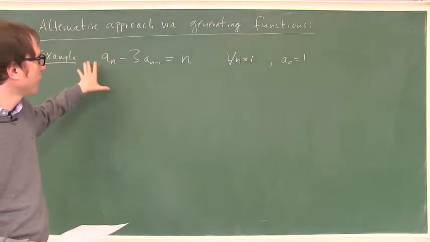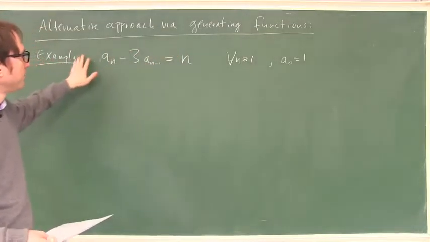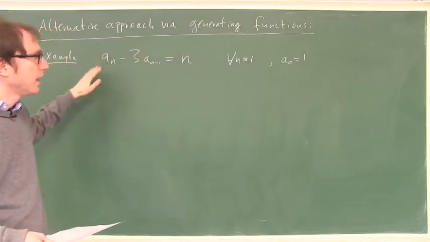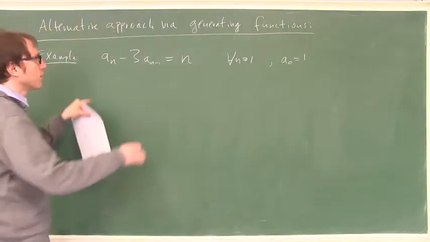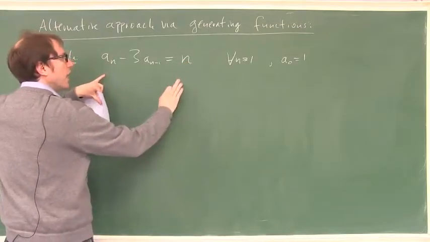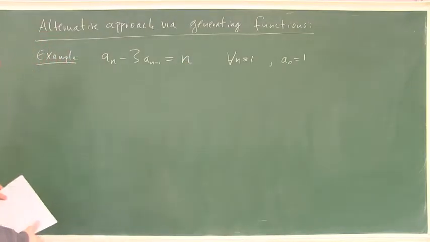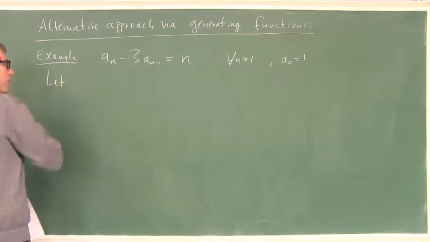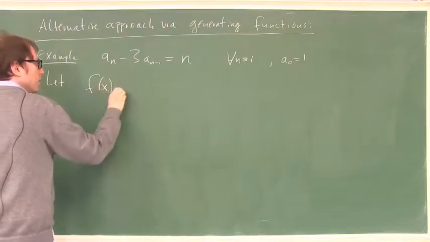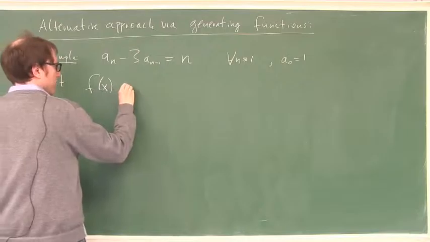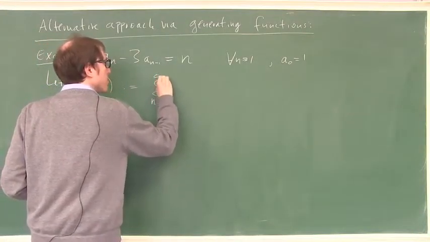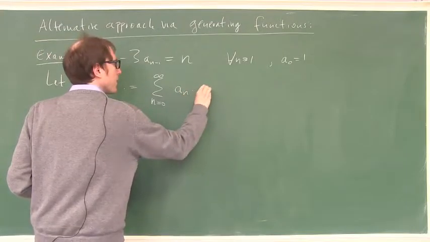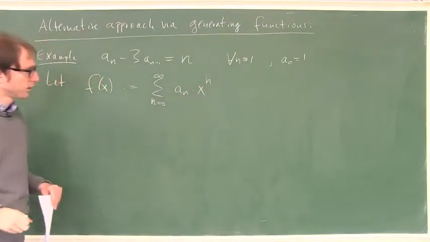You should think about this recurrence relation as being like a series of infinitely many equations. So we have one for n equals 1, for n equals 2, and so forth. What we want to get in here is the generating function. So recall what this is. So here it is.